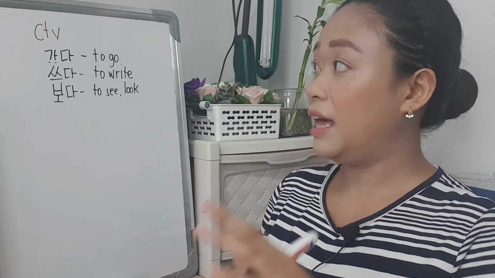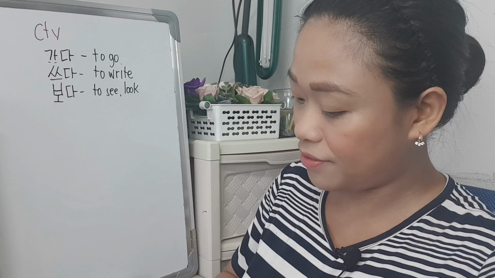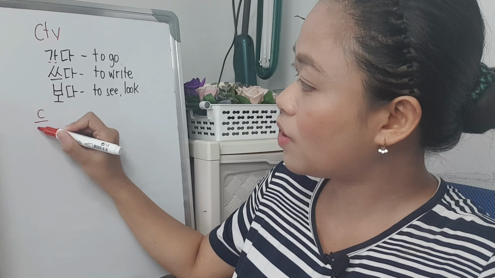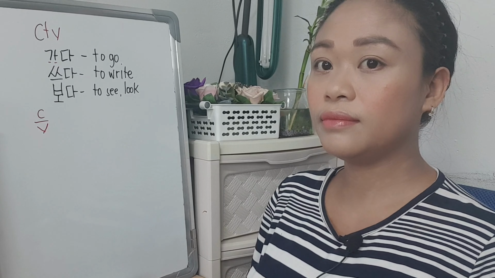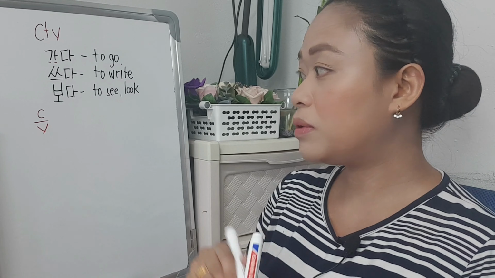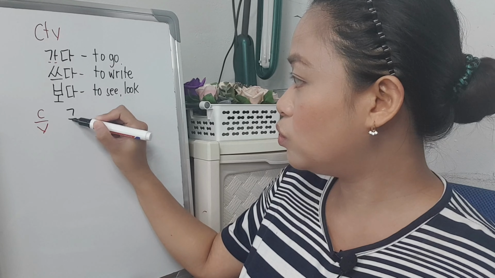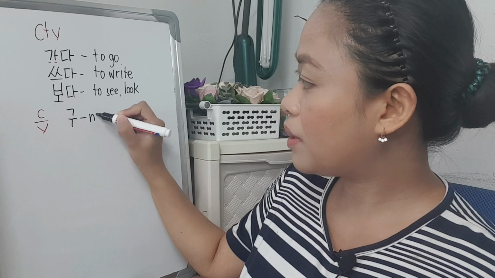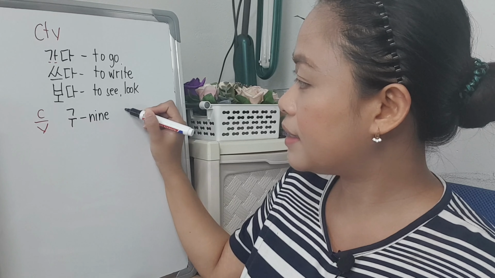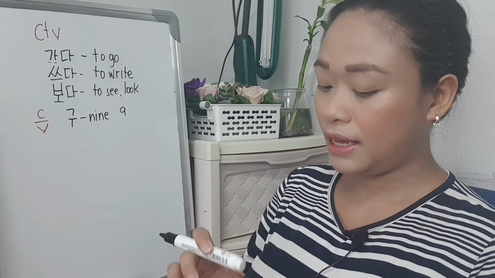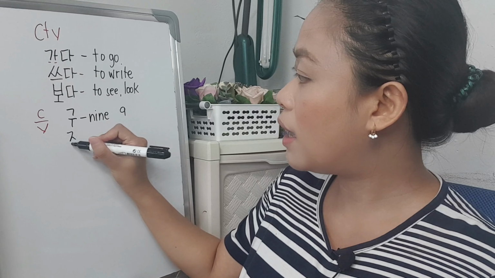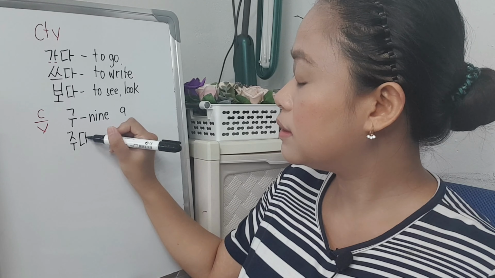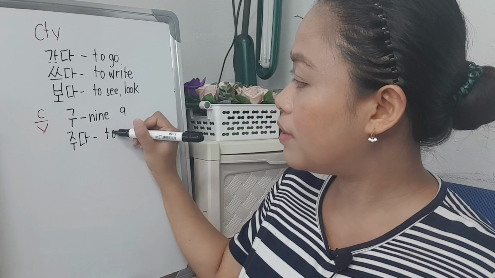Another form is the consonant over vowel, for example, gu, which is number 9. And juda means to give.